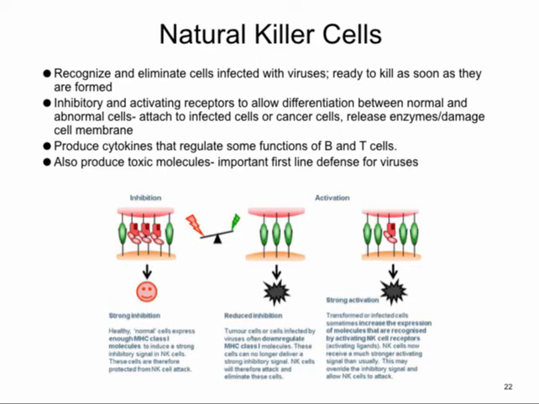It damages them, or damages the cell membrane, or releases enzymes to create damage. It also produces cytokines, which regulate part of your acquired response with B and T cells. It can produce toxic molecules, so it's an important first line of defense against viruses.